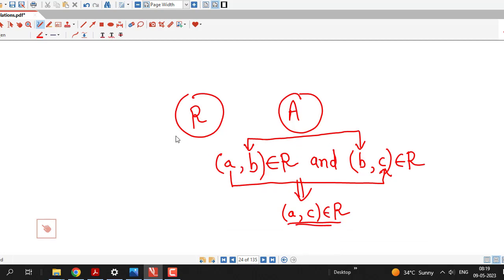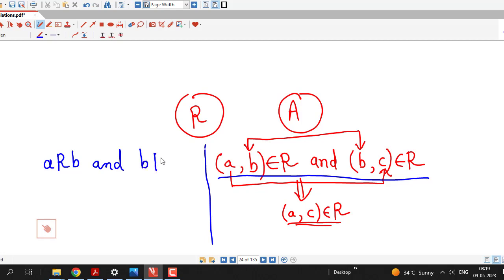So whenever (a,b) belongs to R and (b,c) belongs to R, then we must have (a,c) belongs to R. In other words, (a,b) belongs to R means a is related to b, and (b,c) belongs to R means b is related to c. So whenever a is related to b and b is related to c implies a is related to c, then we can say that relation R is transitive.